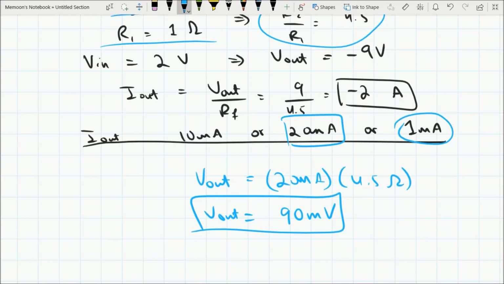So your input was 2 volts, your output would be 90 millivolts. Even if you selected the ratio of your resistances to be 4.5, it is giving an attenuation rather than a gain to your input voltage. Why? Because the current was saturated in this case, not the voltage now.